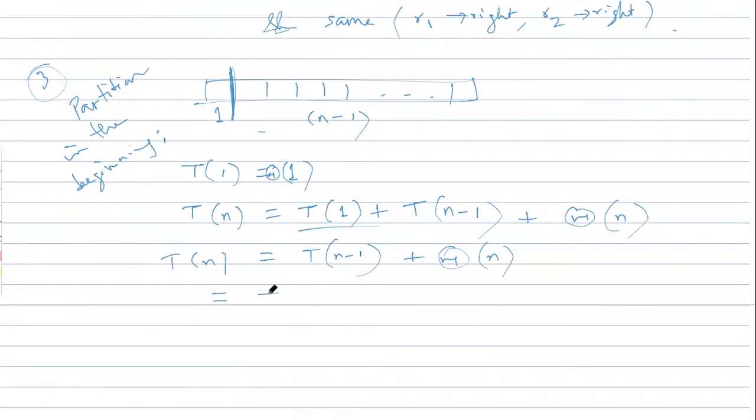At every step, we can start going down the path. So T of n minus 2, so we are substituting n with n minus 1, so order of n minus 1 plus order of n. If you go one step further, then it's going to be T of n minus 2 plus n minus 1 plus n.